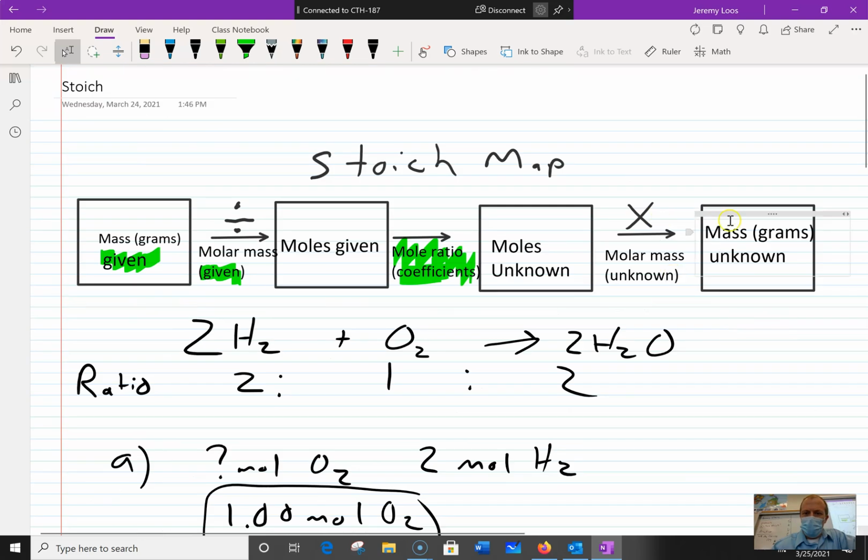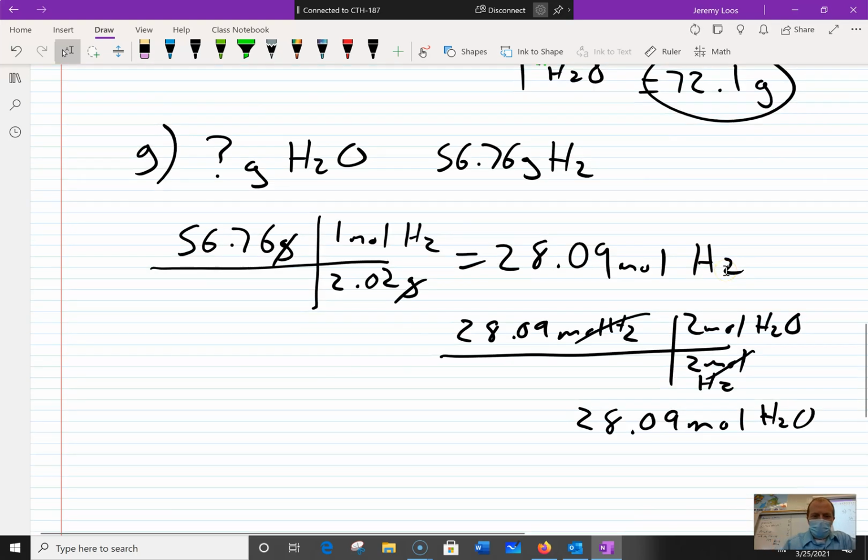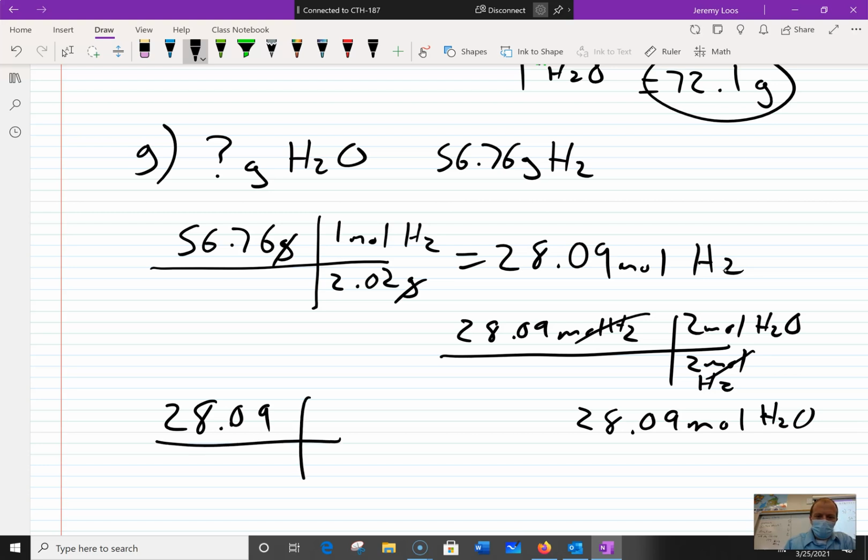Now we're going to use the molar mass of the unknown, the thing we were trying to find, and do that mole to gram conversion. 1 mole of water is 18.02 grams.